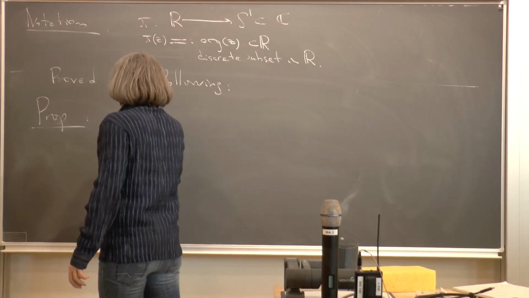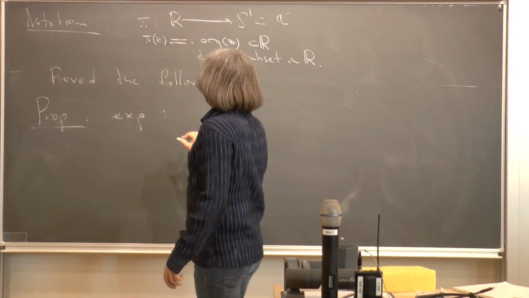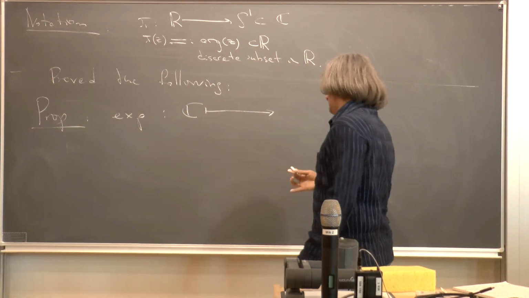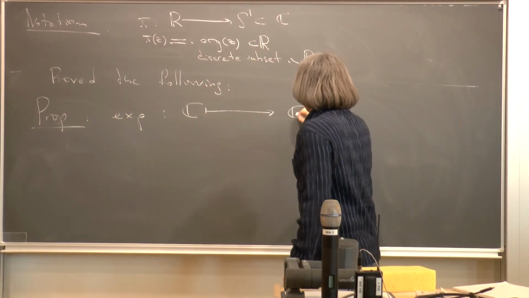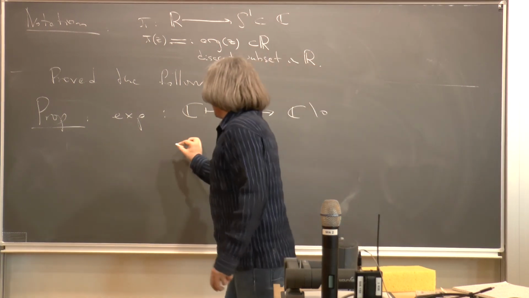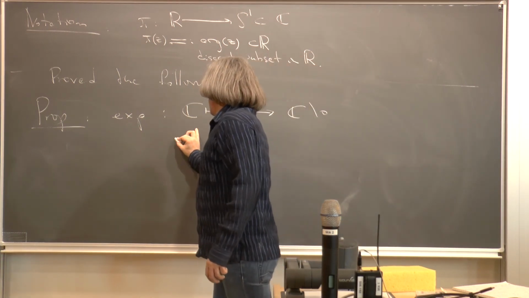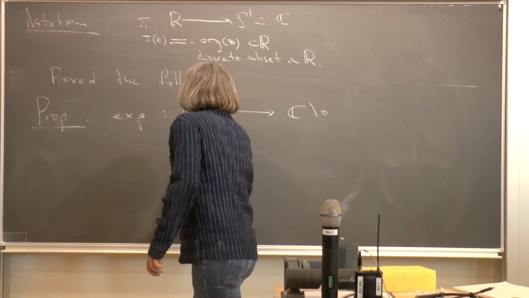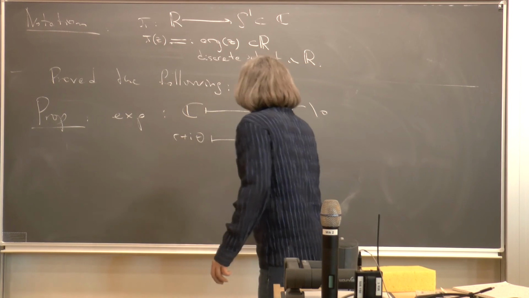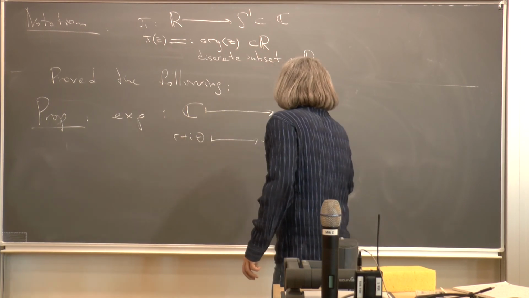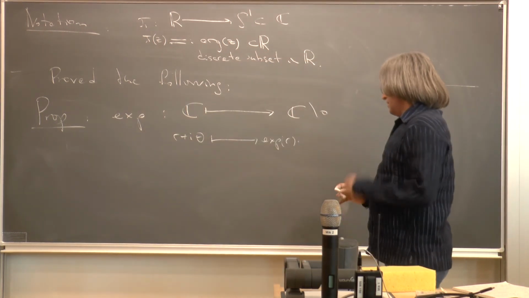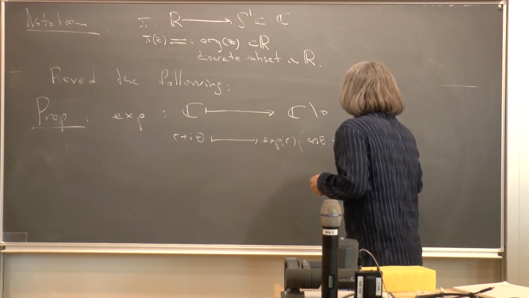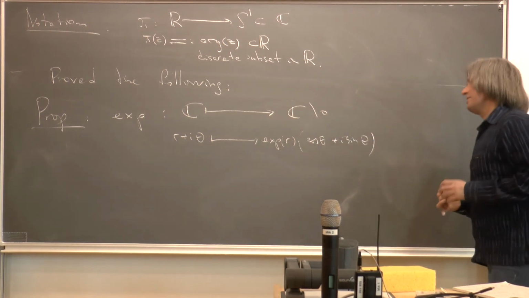The map exp from complex numbers to complex numbers without zero, taking r plus i theta to e to the r times cosine theta plus i sine theta, is a covering.